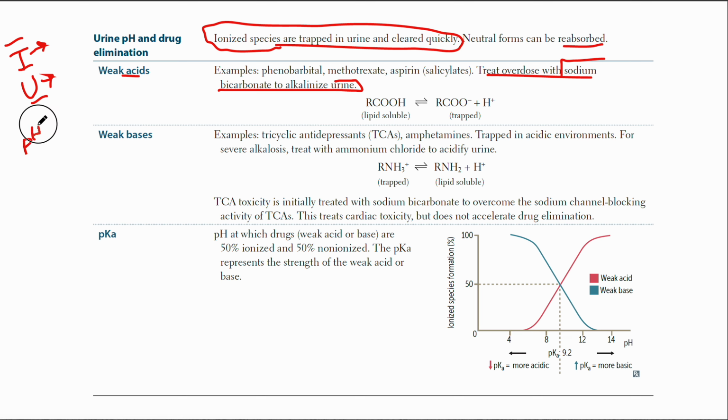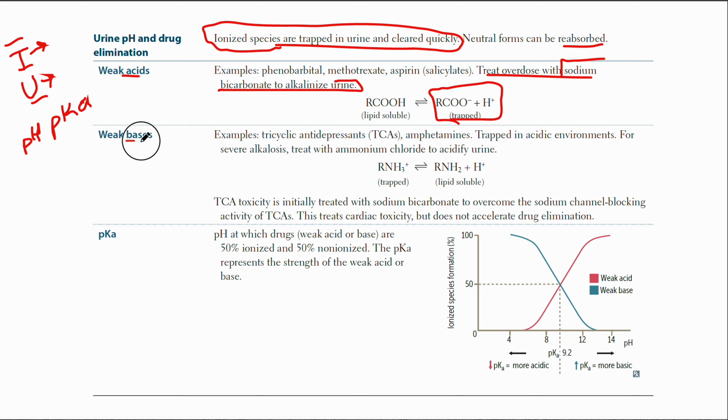So pKa of a drug and pH of the medium are very closely interrelated. So basically, if a weak acid is present in an alkaline medium, it gets ionized. So the excretion is faster. So basically, if there is poisoning of weak acidic drugs like phenobarbital, methotrexate, aspirin, you have to treat with sodium bicarbonate to alkalinize the urine.